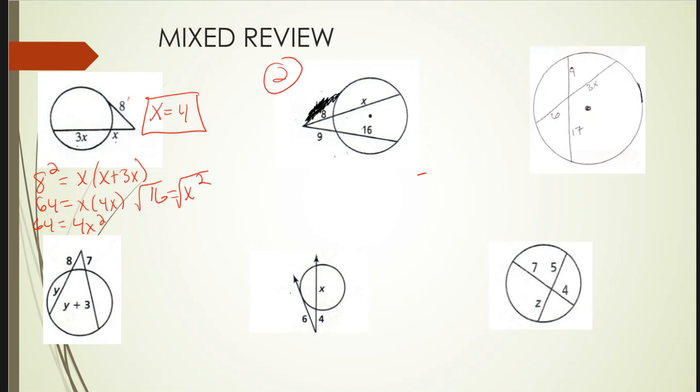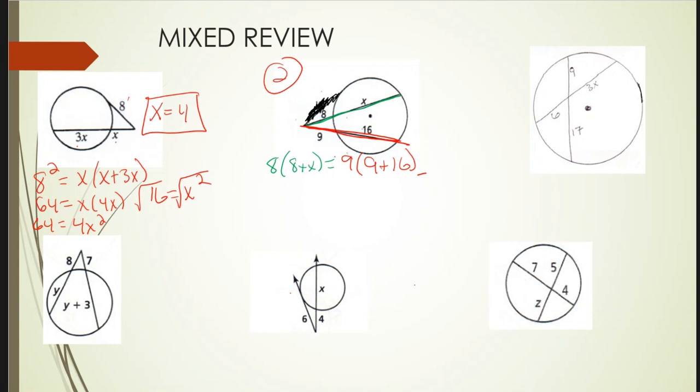So at first I would focus on what we have here, which is 2 secants. So when it's 2 secants, it's the outside times the whole. So it's going to be 8, the outside, times the whole, and the whole will be 8 plus x. For the other secant, it's going to be 9, the outside, times the whole, which is 9 plus 16.